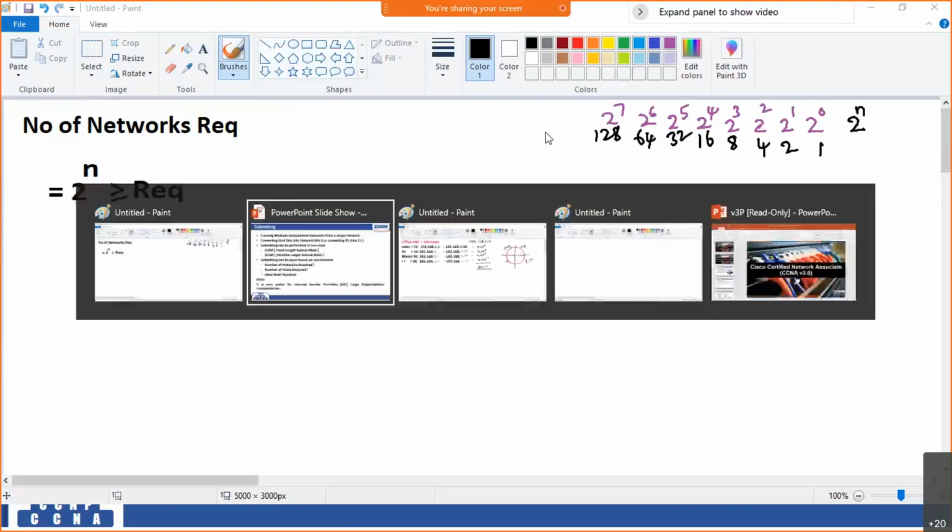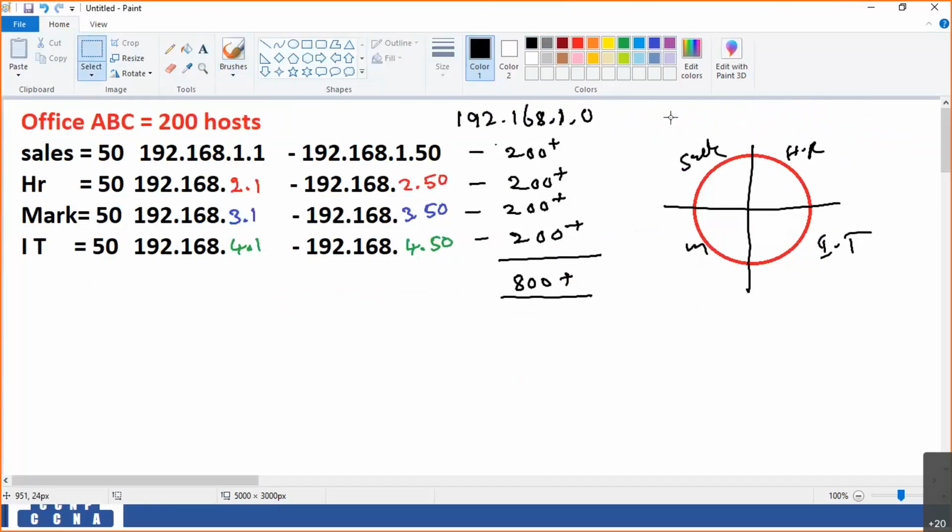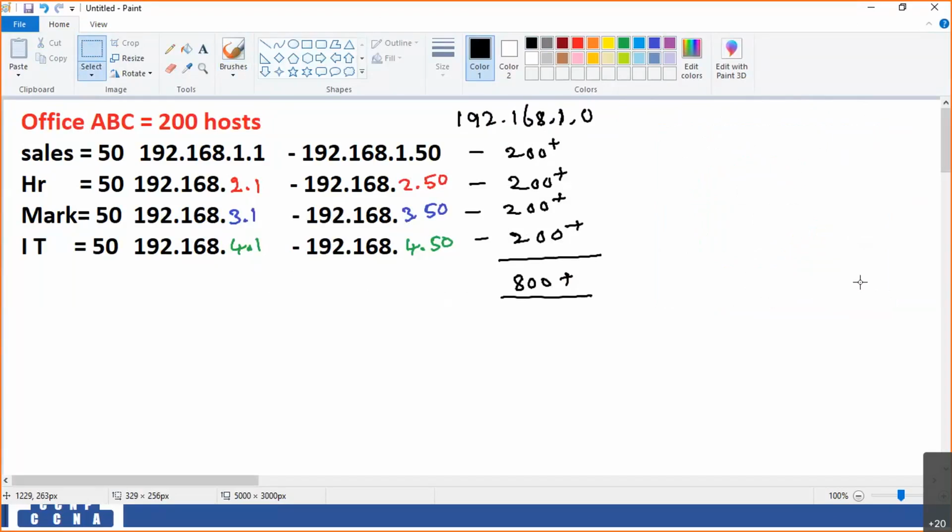Now let me continue with our Office ABC example. What we need to do now is take one major network and convert it into different parts. How to do that?